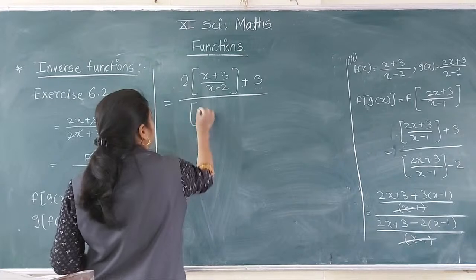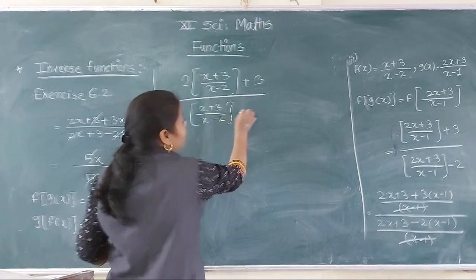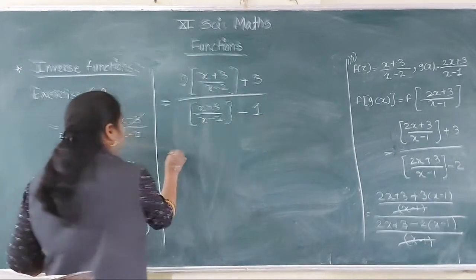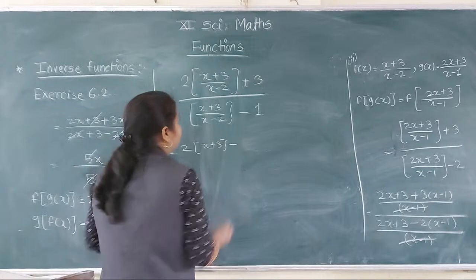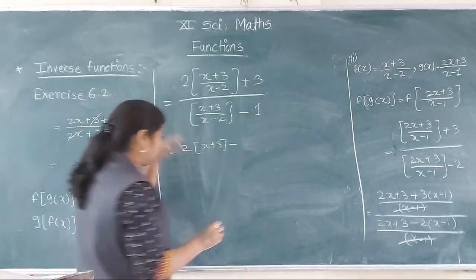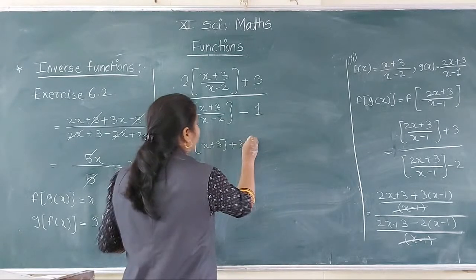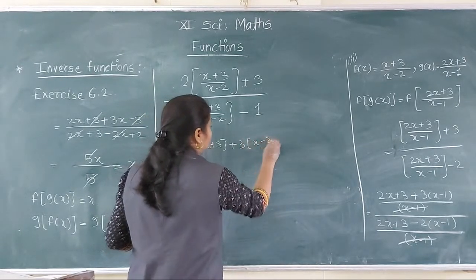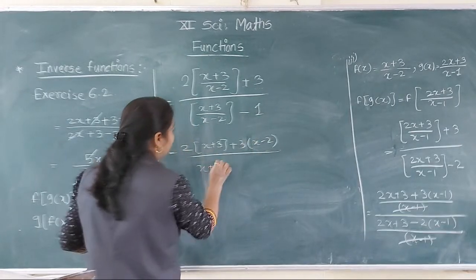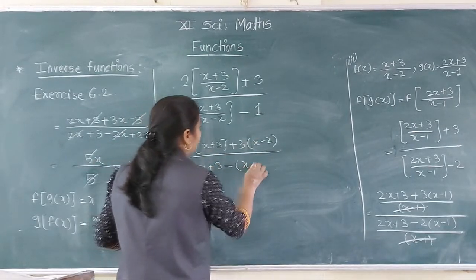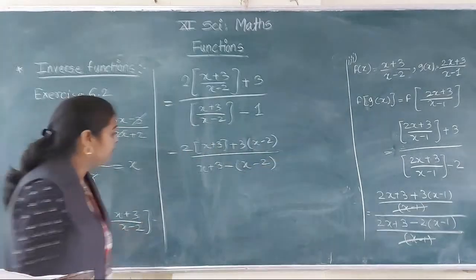So instead of x we write x + 3 upon x minus 2 minus 1. So 2 into x + 3 again numerator solve करूया आणि denominator solve करूया. 2 into x + 3 plus 3 into x minus 2 upon x + 3 minus x minus 2 minus 1 into x minus 2 that means minus x minus 2.